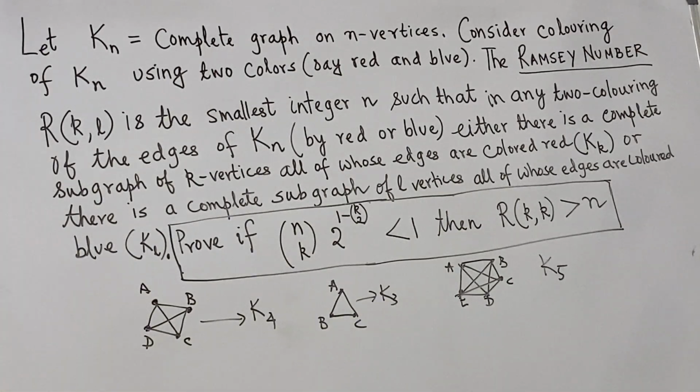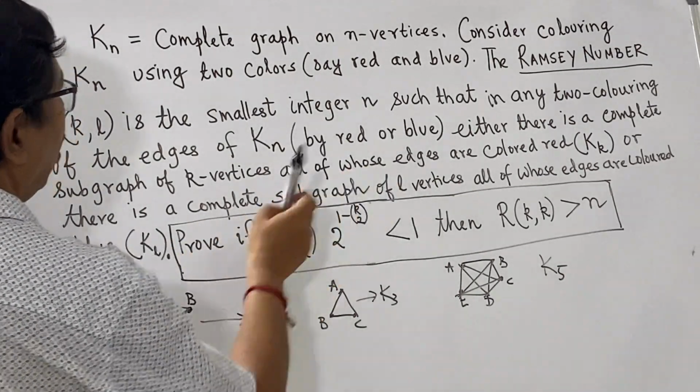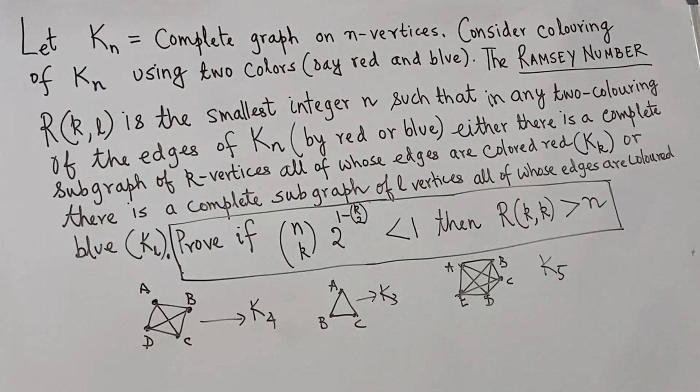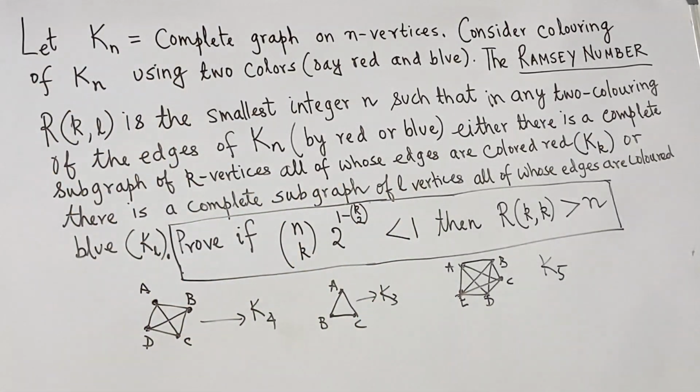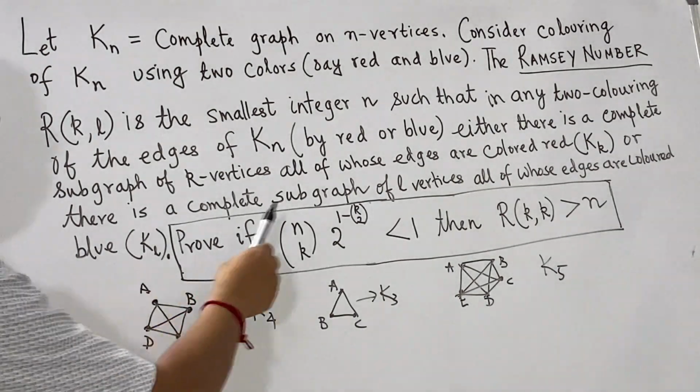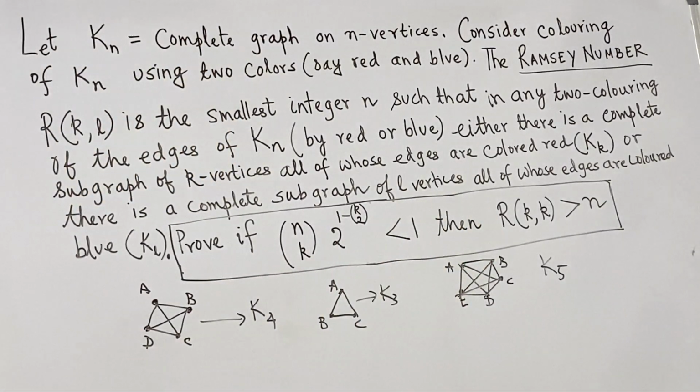The Ramsey number, which we denote as R(k,l), is the smallest integer n such that in any two coloring of the edges of Kn, the complete graph on n vertices, by the two colors, red or blue, either there will be a complete subgraph of k vertices, all of whose edges are colored red, that is the subgraph will be K_k, or there is a complete subgraph of l vertices, all of whose edges are blue, that is the subgraph is K_l. So R(k,l) is the smallest integer having this property.